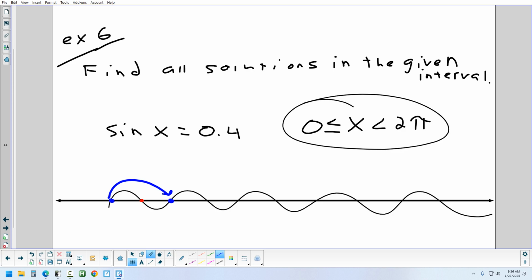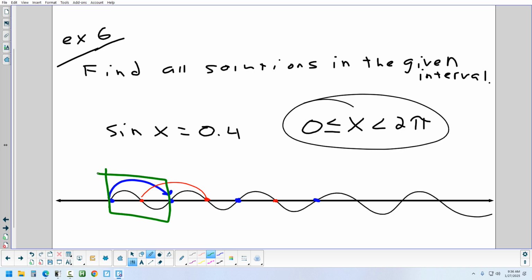So the blue one is the answer where the wave is heading upward. There's another answer, and that's where the wave is heading downward. That answer is also going to repeat every cycle. So if you want to find all solutions, all you have to do is find the solutions in the first cycle, and then tell me that those two answers repeat.